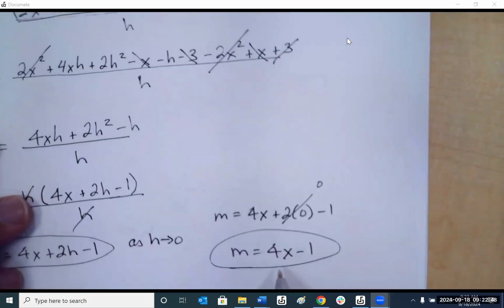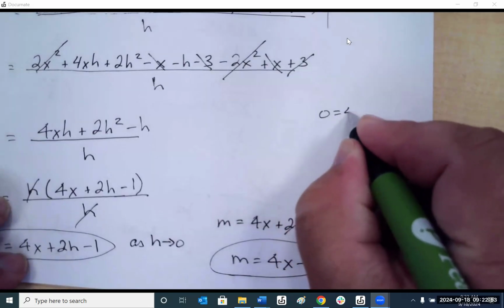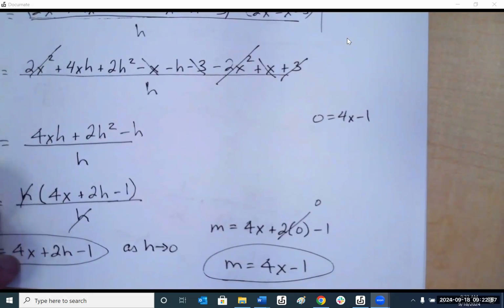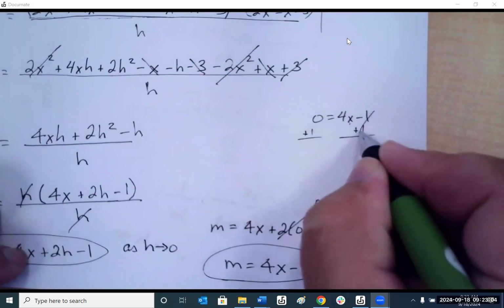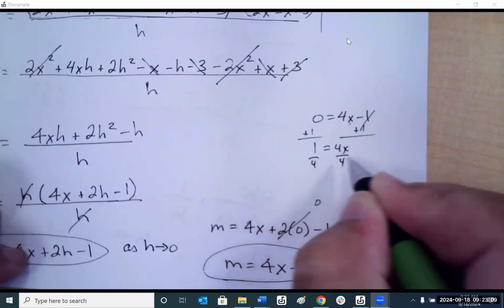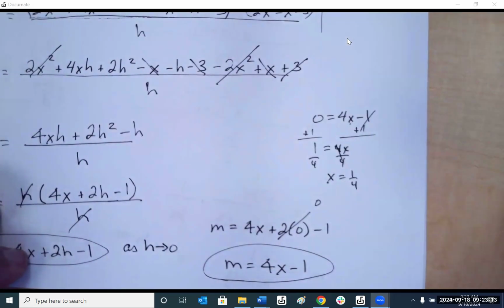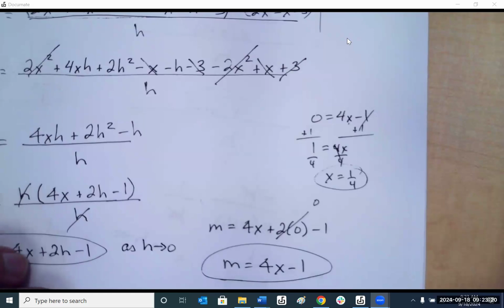Well, let's go back here. If the slope is 0, it happens where? Solve for x. Add 1 to both sides. So the vertex occurs at x equals 1/4.